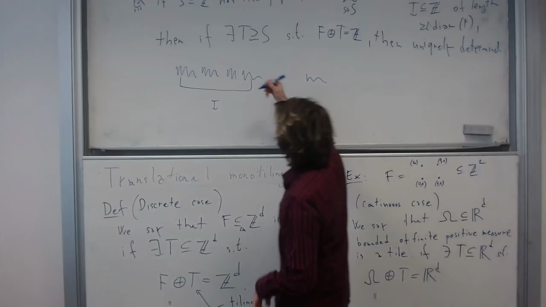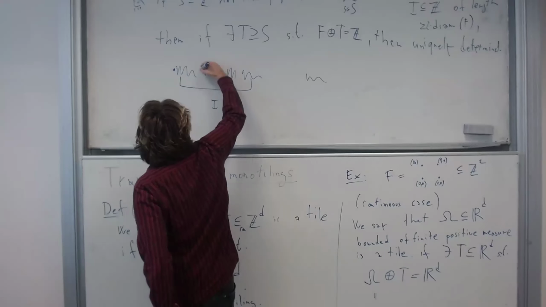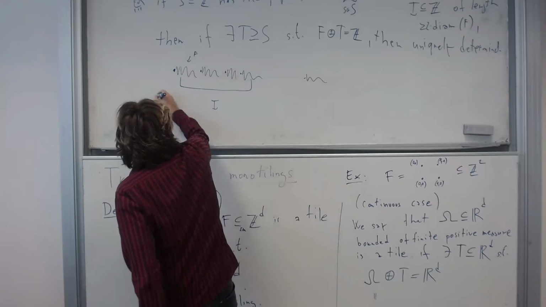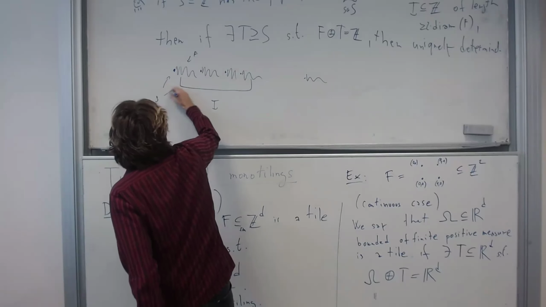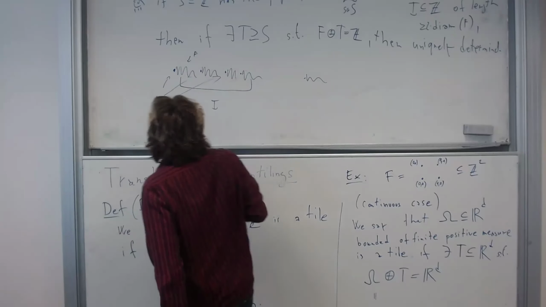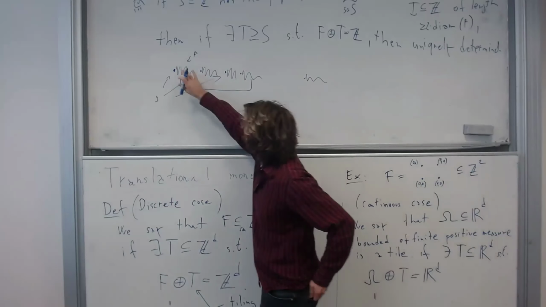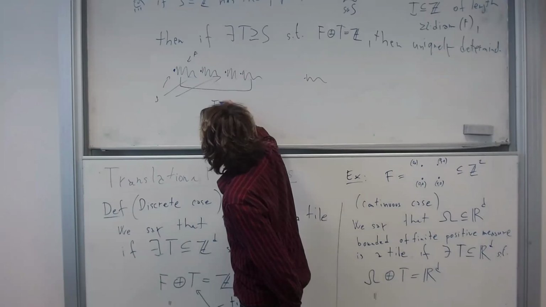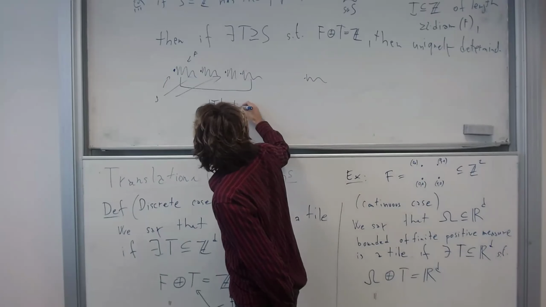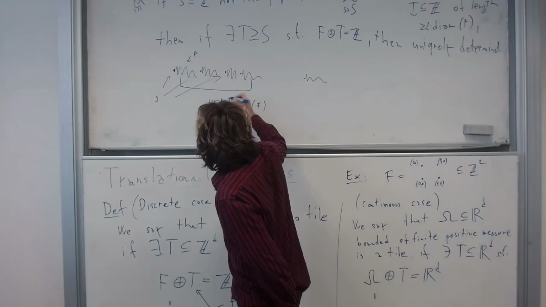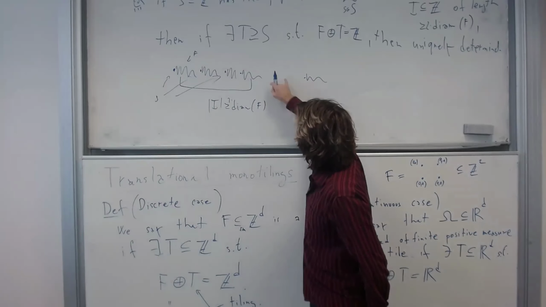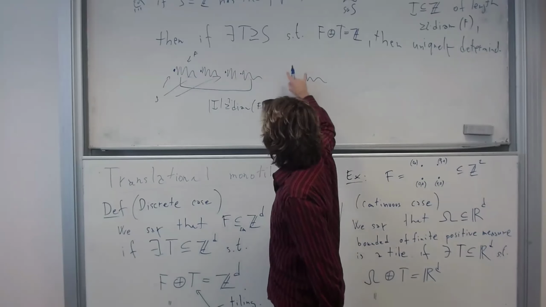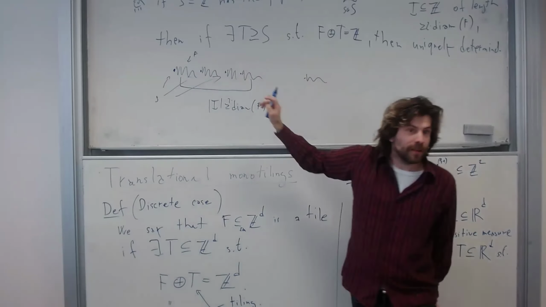Let's say that these are the elements of S. This is F. If we cover this interval I, which is bigger than the diameter, or maybe 2 times the diameter, then the way you can extend, the way you can put other copies of F here, is uniquely determined.